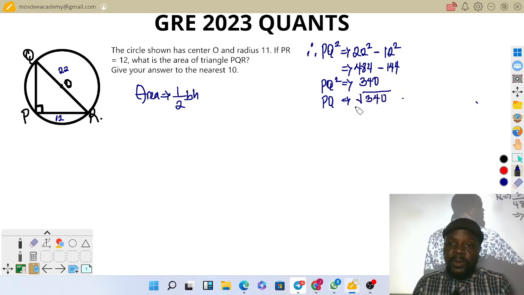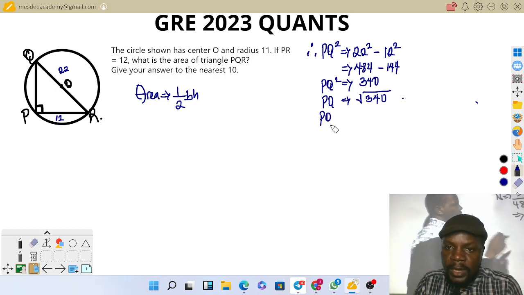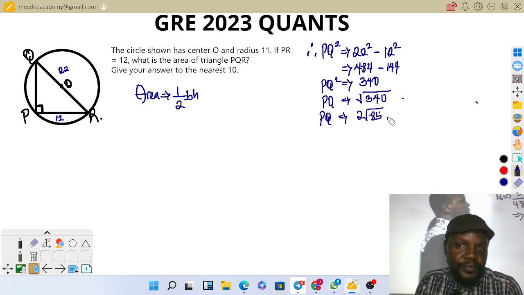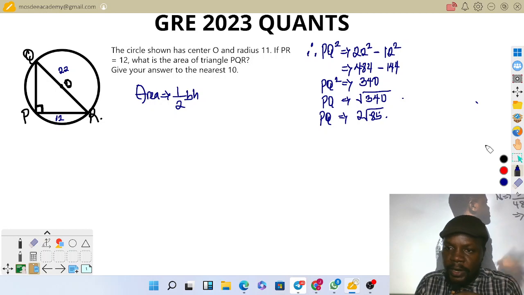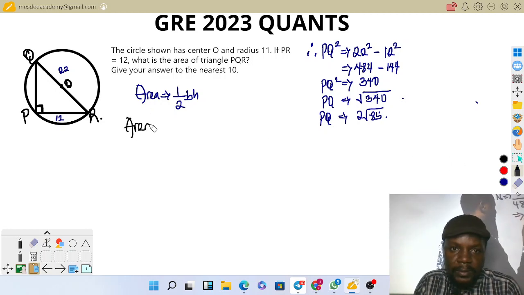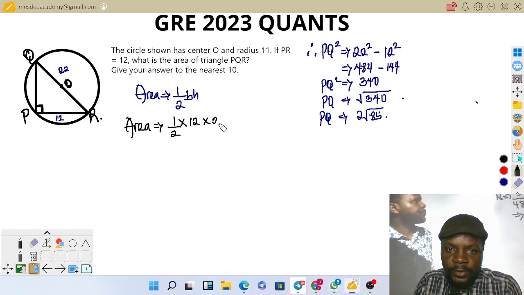Yes, calculators are in GRE for those who do not know. So here, 340 is 4 times 85, which gives 2 root 85. Now coming back to the area of the triangle, area is half times the base, 12, times the height, 2 root 85.